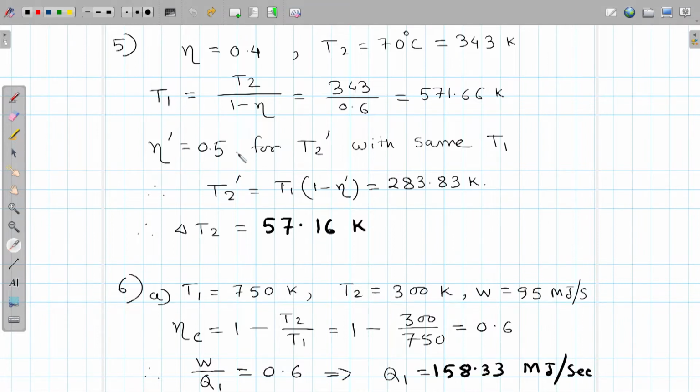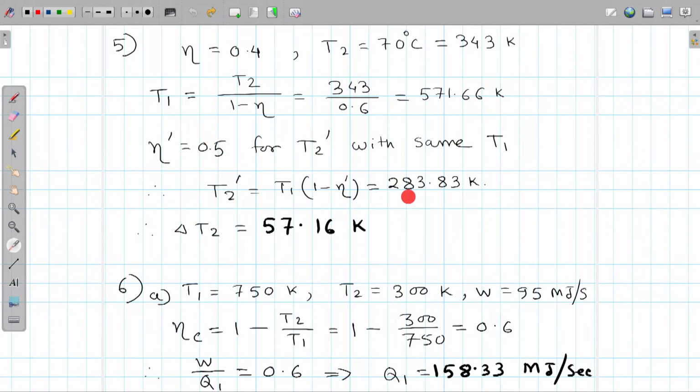What I did is not exactly what is asked in the problem, so that is a mistake from my end. I calculated the new temperature of the sink, which is 283.83 Kelvin, which is 10.83 degree centigrade, which gives an efficiency of 0.5.